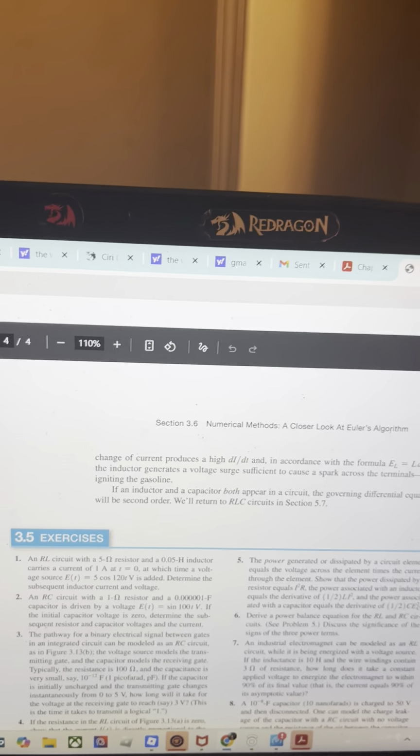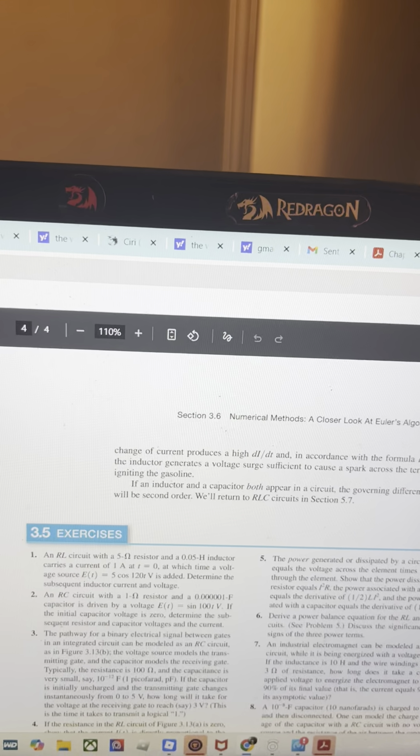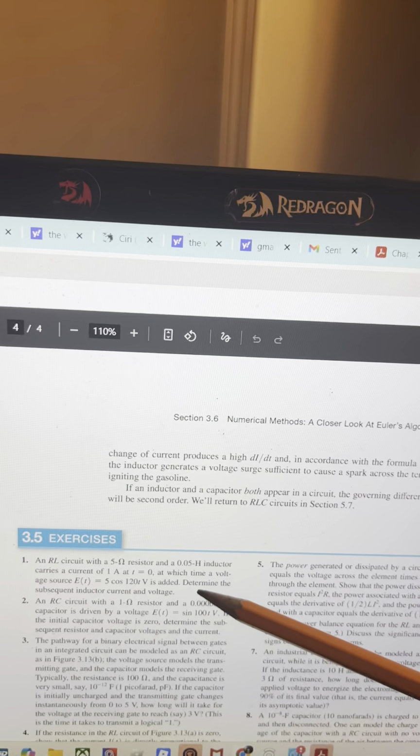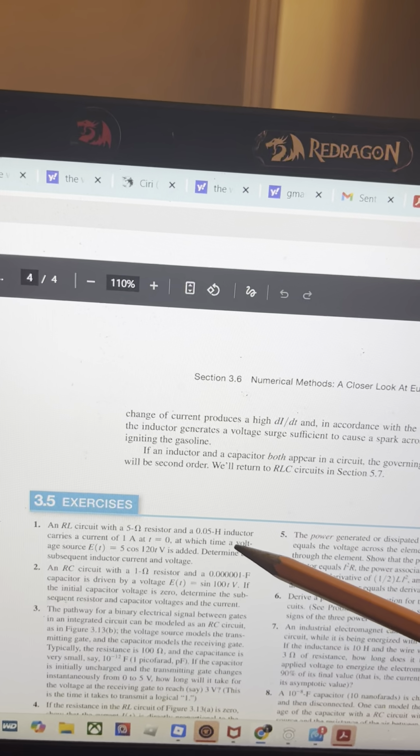Now that you have a brief understanding of currents, inductance and voltages, and trying to solve for them, we're actually going to solve this question right here.